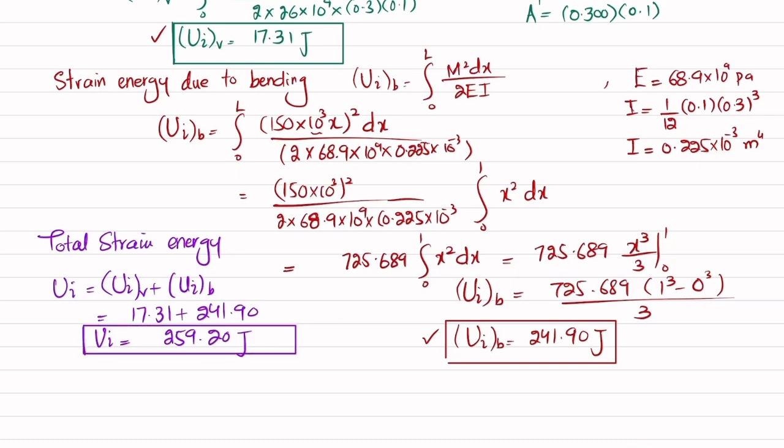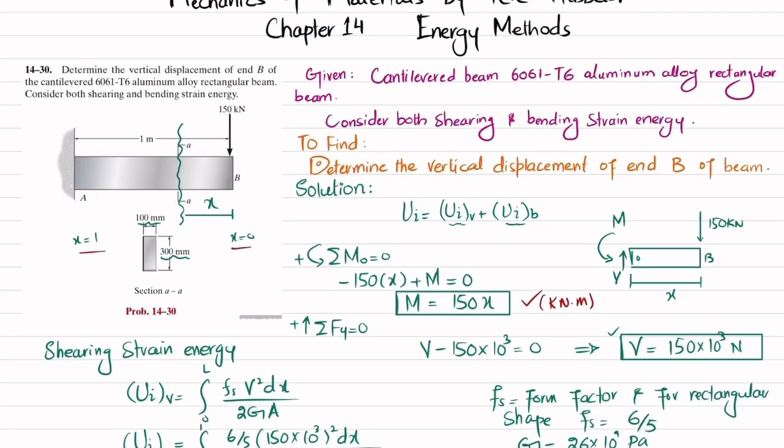Now we will move above, and you can see due to this load 150, this beam will deflect like this. So from its original axis, this is the distance delta B, the vertical displacement of B. Due to this external load, external work will be done, and the work done will be stored in the form of strain energy, which will be equal to 1 over 2 this load 150 into 10 to the power 3 multiplied by this delta B. Clear?